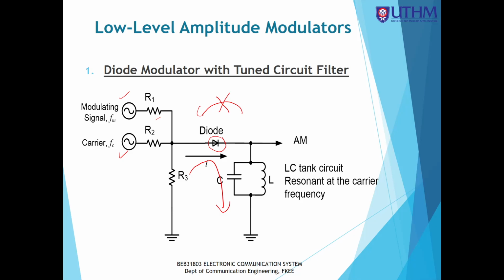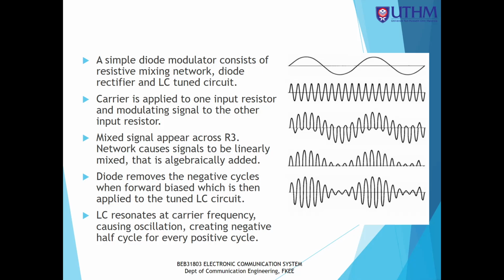This diode modulator has come out in previous tests and exam questions, where the students were asked to explain the process that happens inside the diode modulator. So what happened in the diode modulator? We're going to see from here.